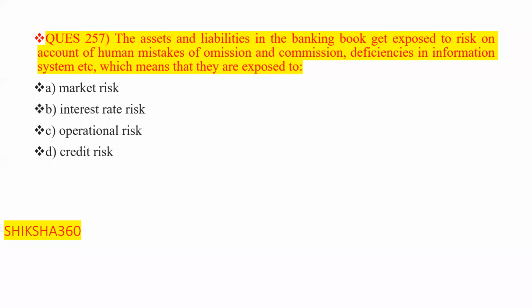Question number 257. I think this question is related to chapter number 14. Assets and liabilities in the banking book get exposed to risk on account of human mistakes of omission and commission, deficiencies in information system, etc. Which means they are exposed to market risk, interest rate risk, operational risk, credit risk.